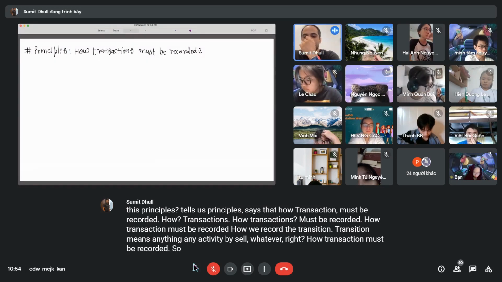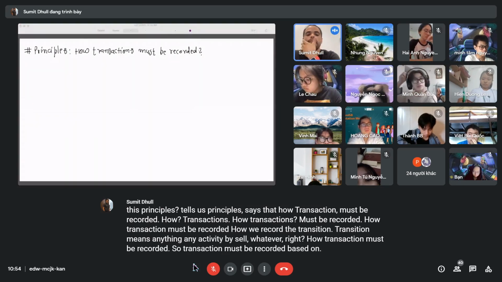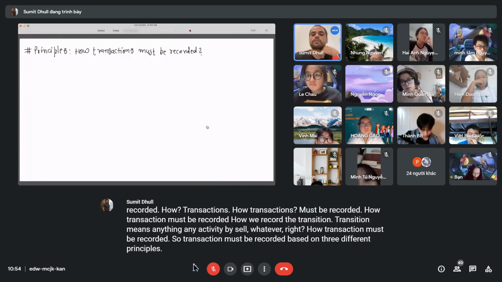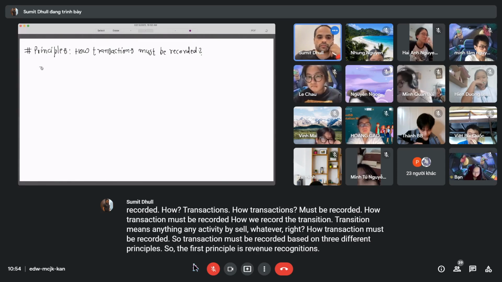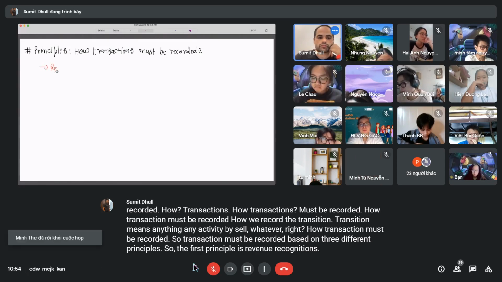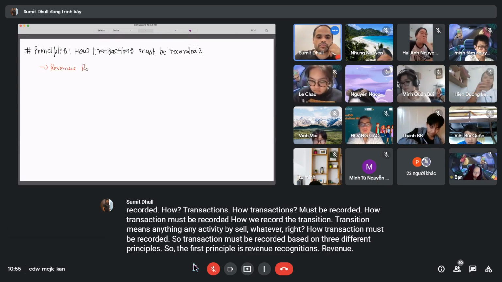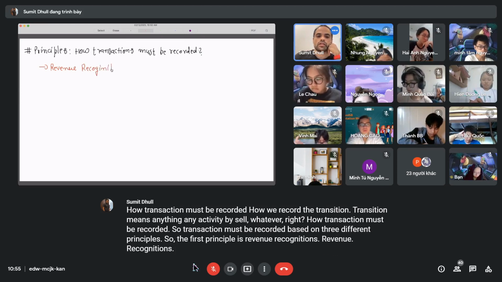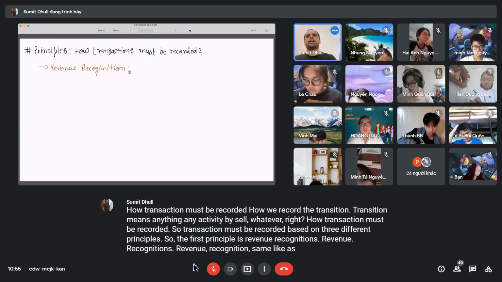Transactions must be recorded based on three different principles. The first principle is revenue recognition. Revenue recognition is the same as your earned or unearned revenue.